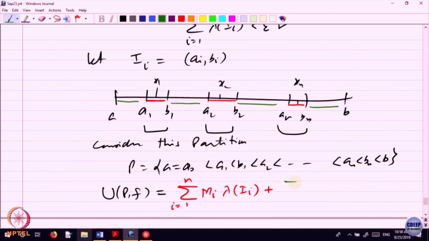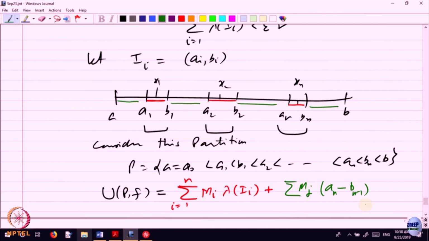So, what is this? Sigma, let us call it mj if you like. So, what will be the length now? It will be a2 minus b1, a3 minus b2, right. So, it is an minus b n minus 1.